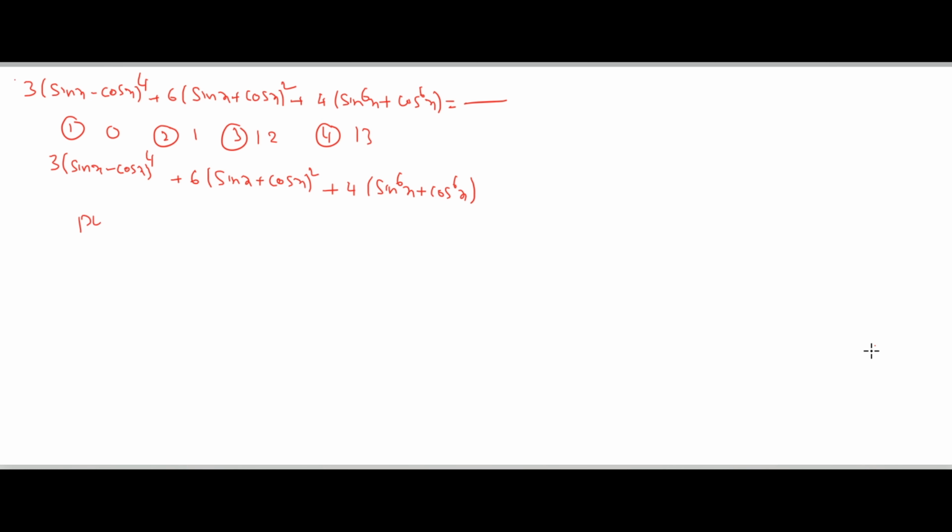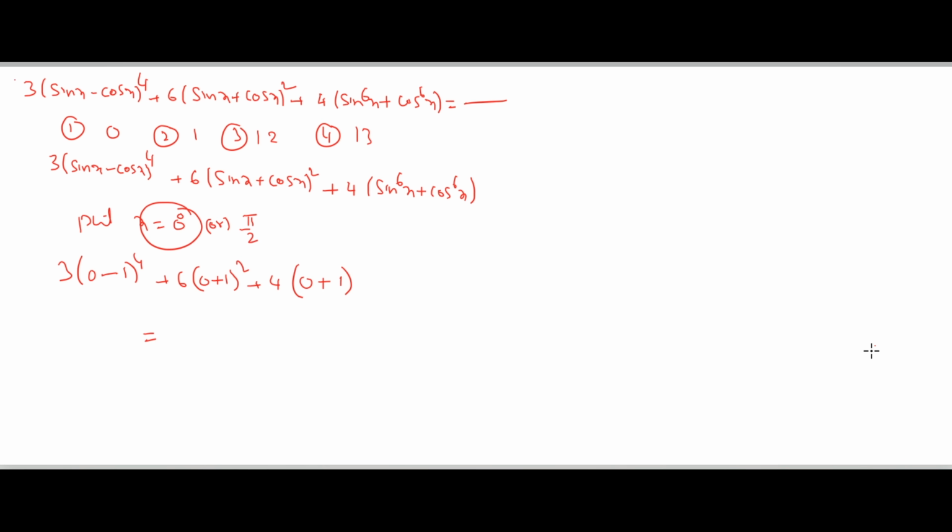Put x is equal to 0 degree or 90 degrees, that is pi by 2. Put x is equal to 0 degree: 3 into (sin 0, that is 0, minus cos 0, that is 1) whole to the power of 4 plus 6 into (sin 0, that is 0, plus cos 0, that is 1) whole square plus 4 into (sin power 6 x, that is 0, plus cos power 6 x, that is 1).